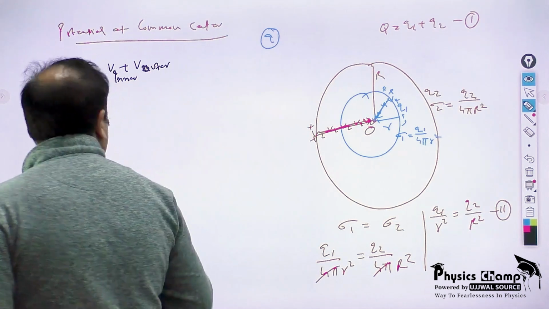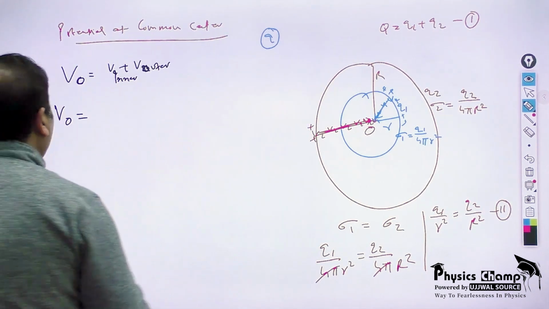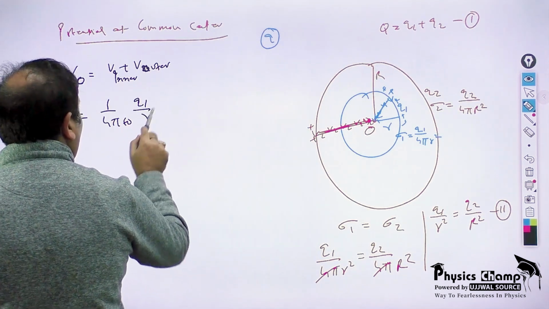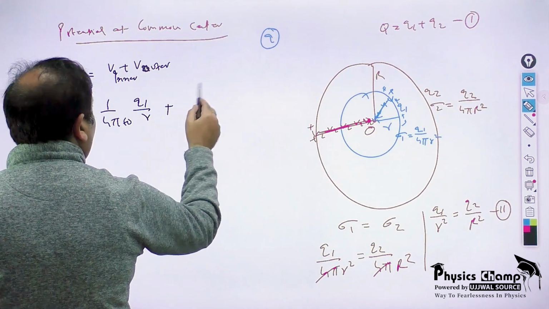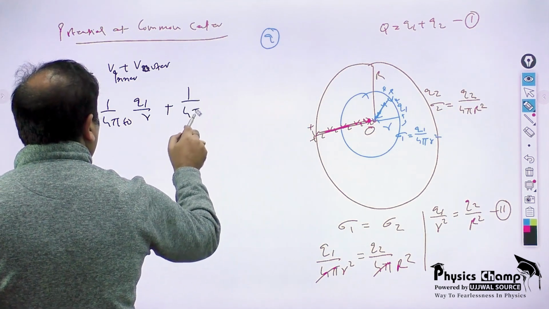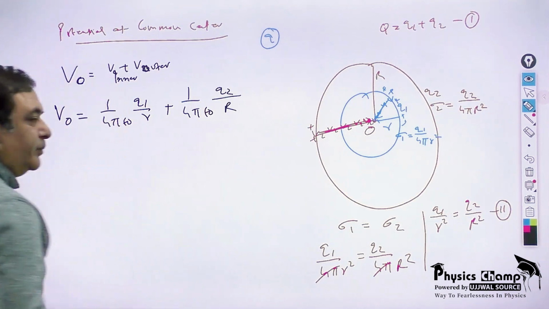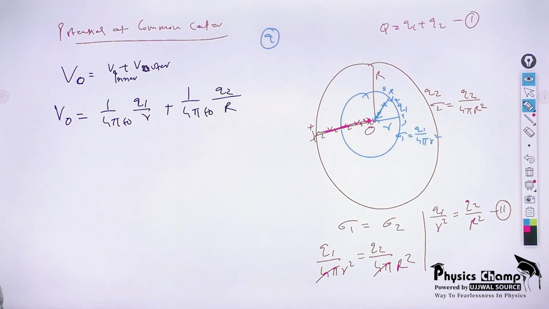Now, V inner will be 1 by 4 pi epsilon naught Q1 by small r, and V outer, due to its own charge at its own surface, will be 1 by 4 pi epsilon naught Q2 by capital R. So I have got these two equations which are relating Q1 and Q2. We want our answer in terms of capital Q. So how can we convert that?